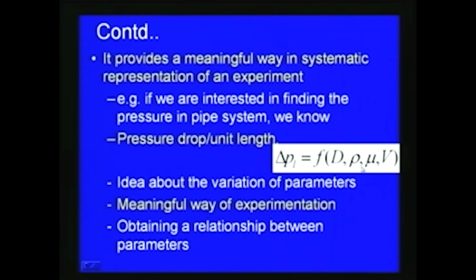So, from this we get an idea about the variation of parameters, and representing the problem like this gives a meaningful way of experimentation, through which we can get a relationship between the parameters. For this particular problem, the pressure drop per unit length, we can show through investigations that it depends upon various parameters like the diameter d, the density rho, the viscosity mu, and the average velocity.